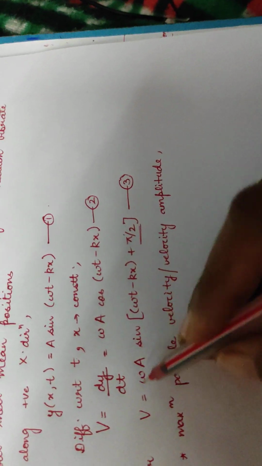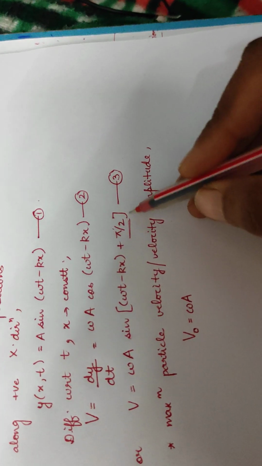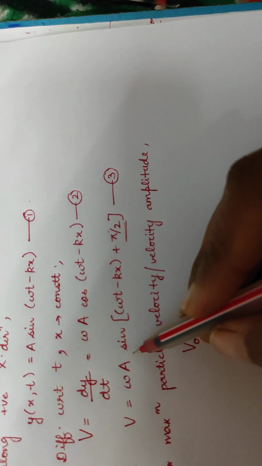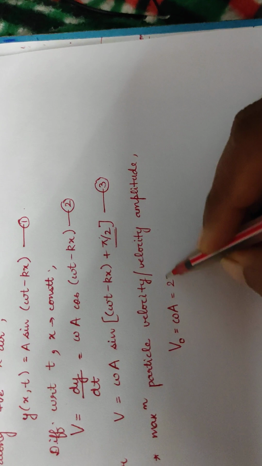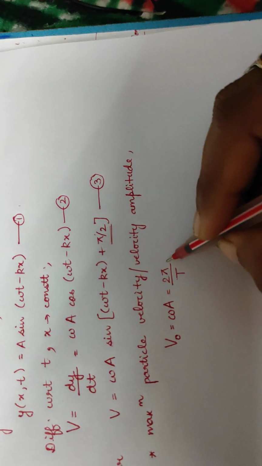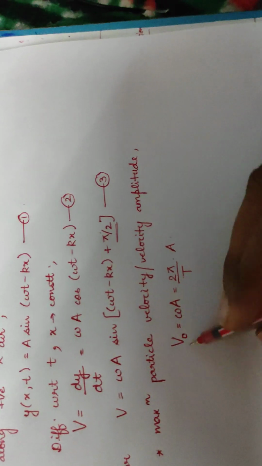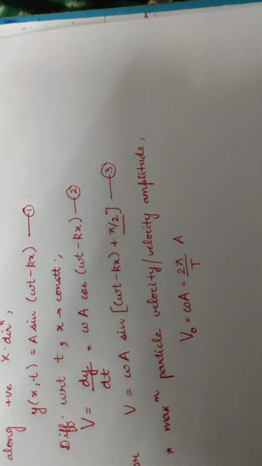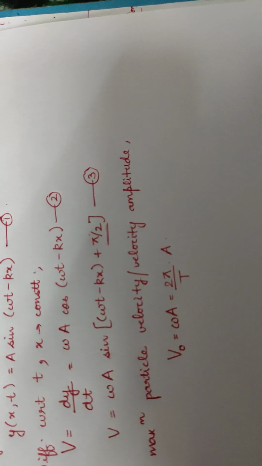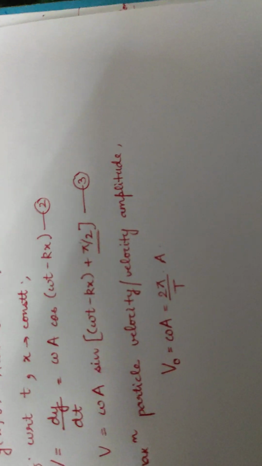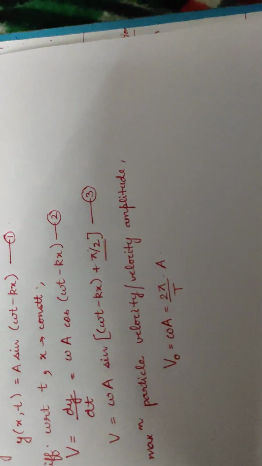So this component will become 1, and we are only left with omega a. Now omega can be represented by 2 pi by T, where T is the time period, so the maximum particle velocity is 2 pi by T times the displacement amplitude a. Okay, now next.